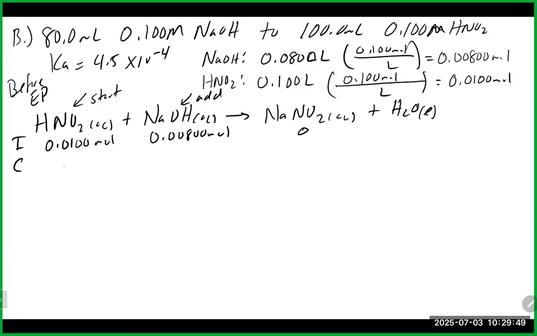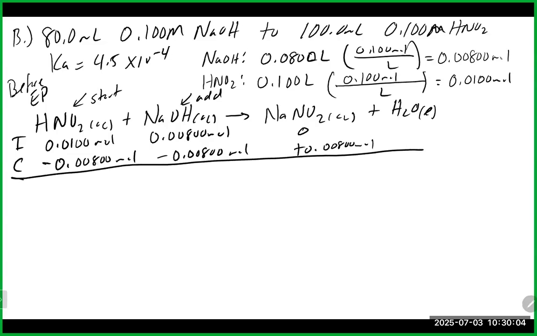Change is going to be our base minus 0.008 moles, minus 0.008 moles, and plus 0.008 moles. That is going to get us at equilibrium here, 0.01 minus 0.008, 0.002 moles, 0 and 0.008 moles. We do need total volume at this point. We started with 100 milliliters of our acid.